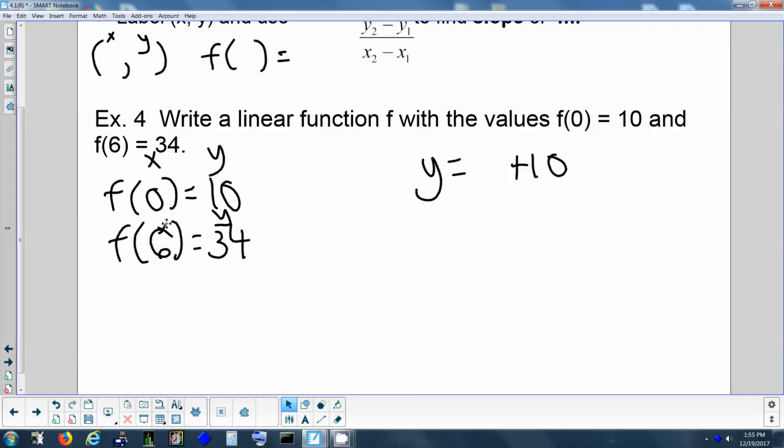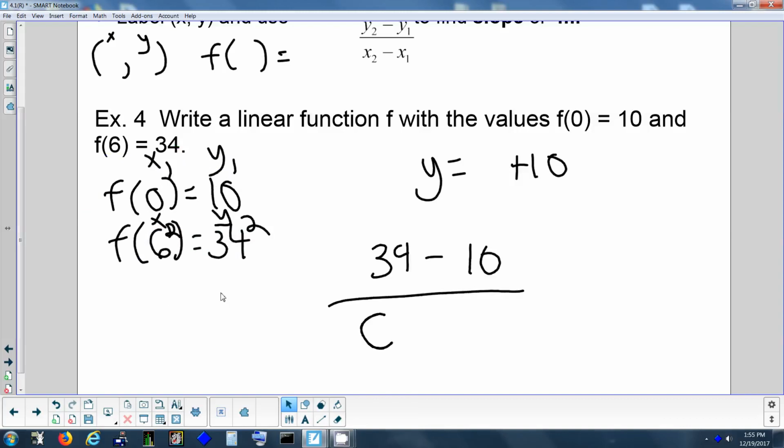I don't care how we do it. Let's call f of 0 x1, y1, and this x2, y2. I'm just going to take them and plug them in. y2, 34, minus y1, 10, over x2, which is 6, minus x1, 0.